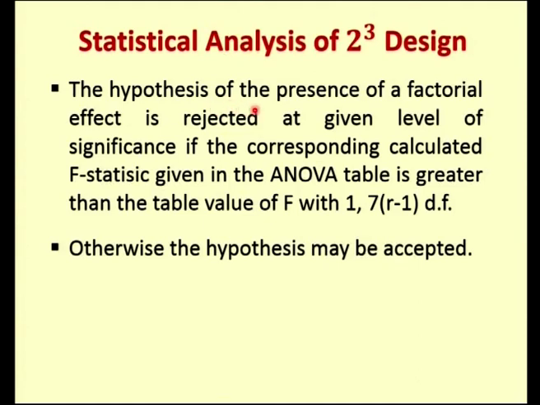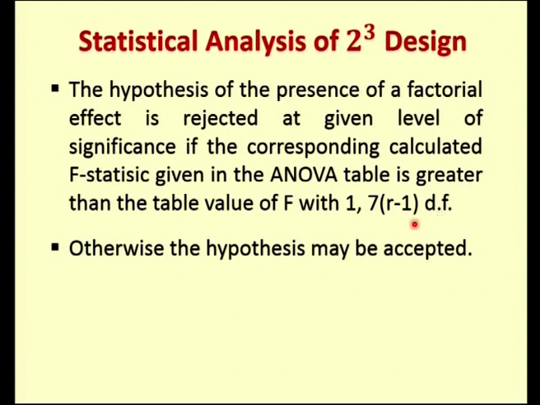The first column will be as usual the sources of variation, the second the degrees of freedom, the third column representing the sum of squares, the fourth column the mean sum of squares, and the fifth column is the F ratio. The hypothesis of the presence of a factorial effect is rejected at a given level of significance if the corresponding calculated F statistic given in the ANOVA table is greater than the table value F with 1, 7 times (r minus 1) degrees of freedom.